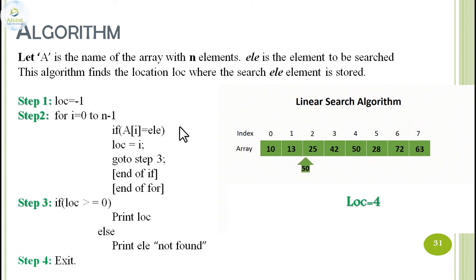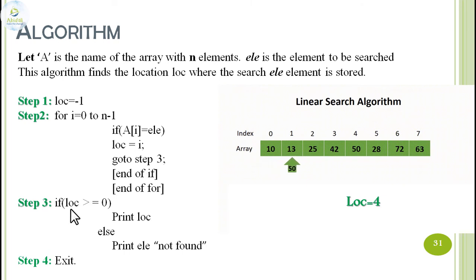All the iterations have been finished. That means 0 to n minus 1 I have travelled, and the search element 70 does not exist anywhere in the list. So the location value remains as -1 itself. Then it will directly jump to statement 3 without any conditional jump or go to statement.